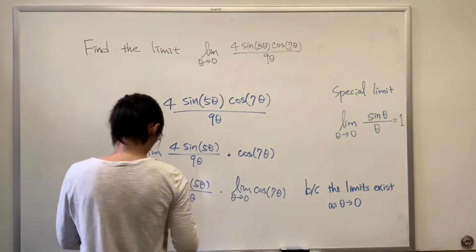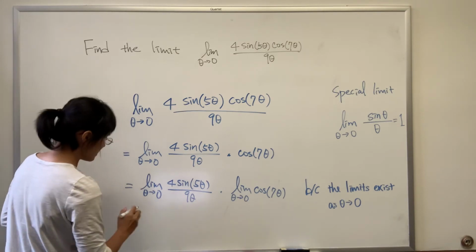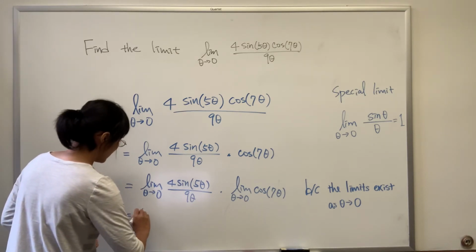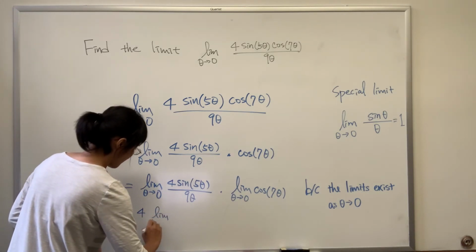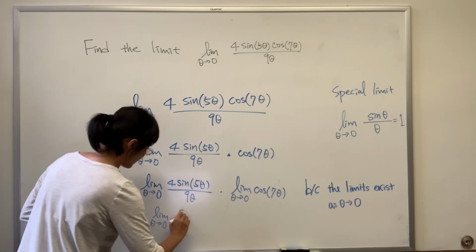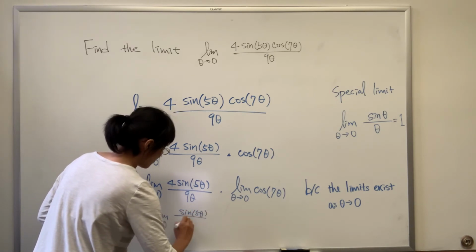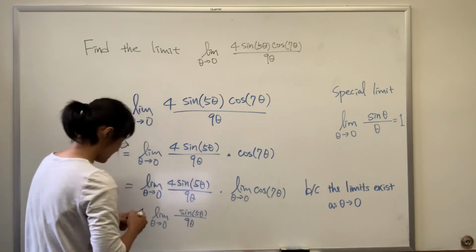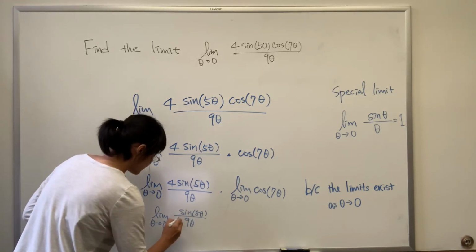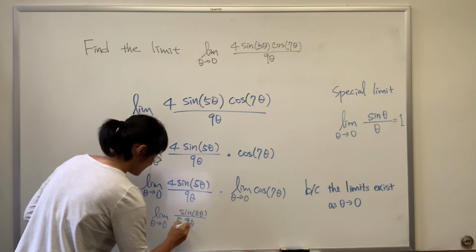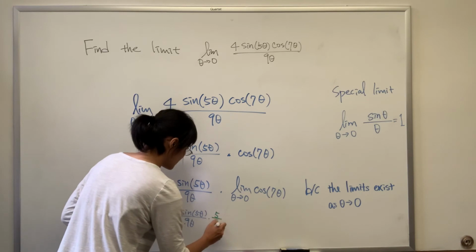Alright, so now let me just go ahead and say, okay, I can take out the 4, and then now I have sine 5 theta over 9 theta. But again, I want to create 5 theta in the bottom, therefore I need to adjust the constant a little bit.